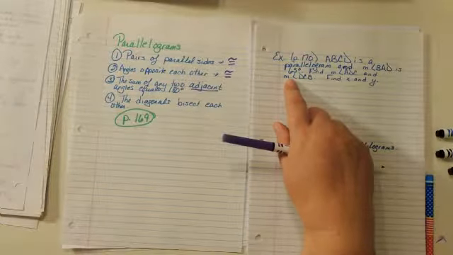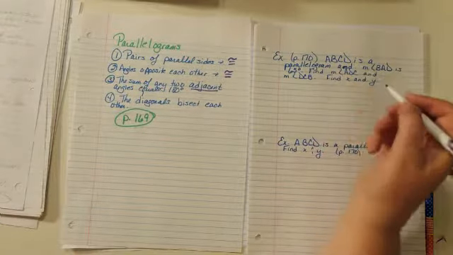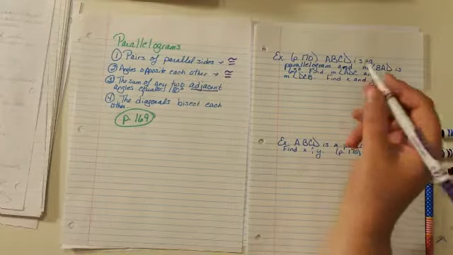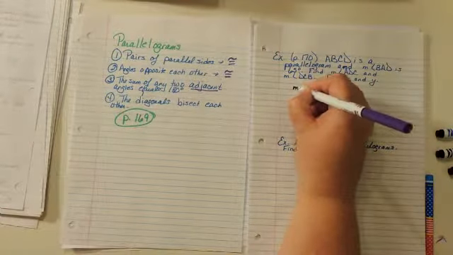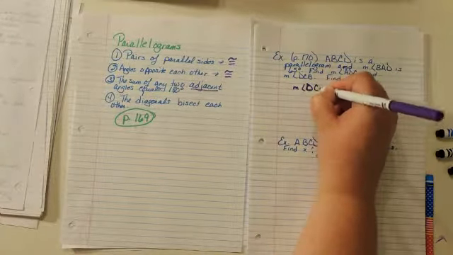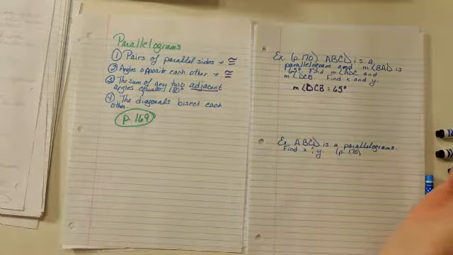So if BAD is 65 degrees, then the measurement of angle DCB also has to be 65 degrees because they are opposite angles. So the measurement of DCB equals 65 degrees. Okay?